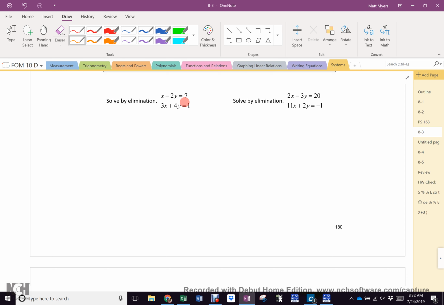Nothing's going to disappear, is it? So I need to change the way it looks. The best thing to do is to make the coefficients the same on one variable. Does it matter which one we do? If I multiply the top equation by 3, could I solve this? Yes.